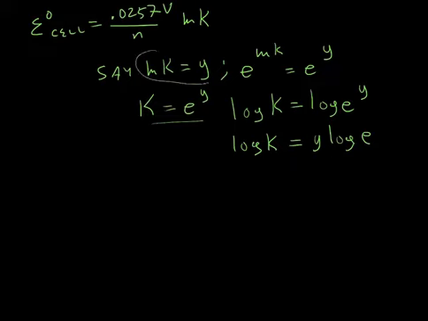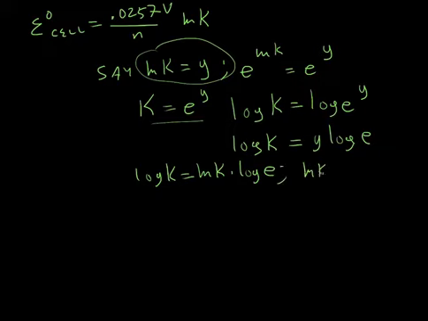It's defined up here as natural log of K. So that means that log of K, base 10 log of K, is natural log of K times the base 10 log of E. So that means that the natural log of K is the base 10 log of K divided by the base 10 log of E.